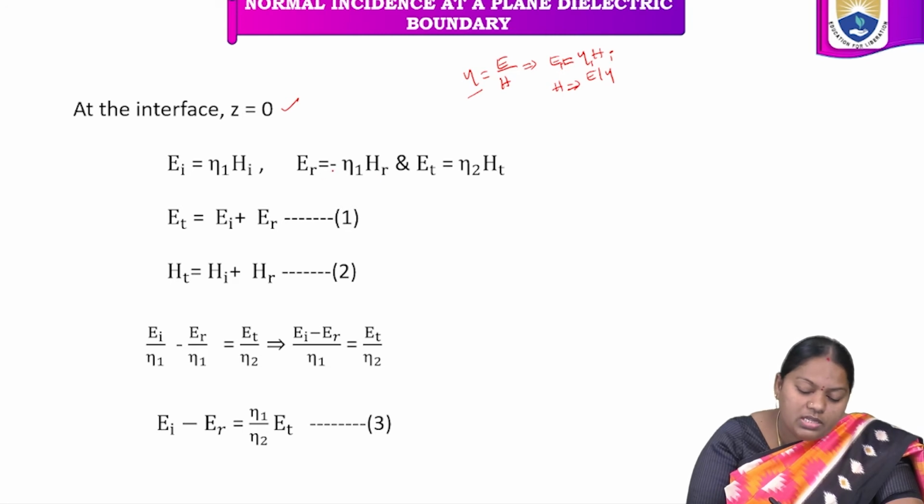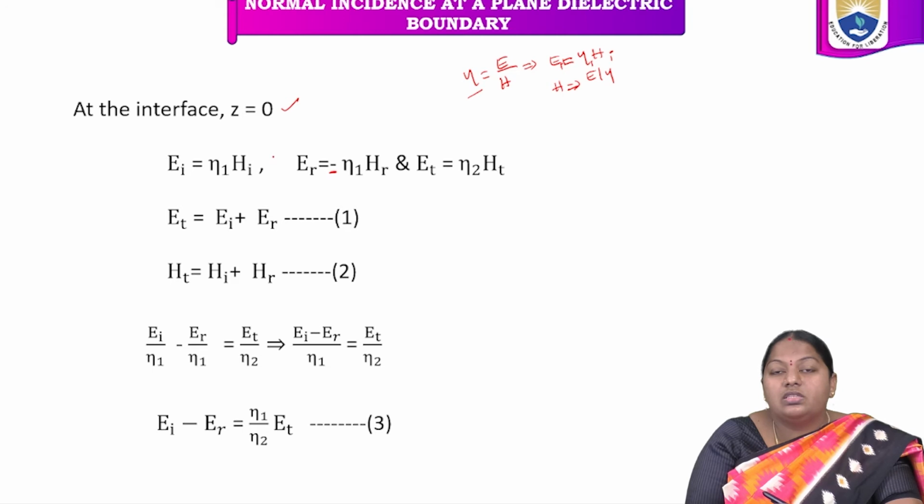Why do we have a minus here? Because in medium 1, how many waves exist? Two waves. What are those? Incident wave and reflected wave. When the incident wave strikes the boundary, that is, when the incident wave is traveling towards the positive direction, the reflected wave is traveling towards the negative direction. So two traveling waves are moving in two opposite directions.